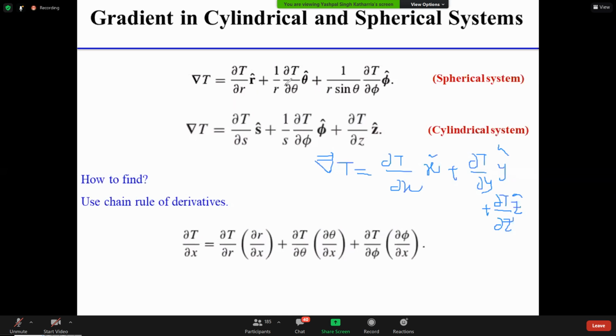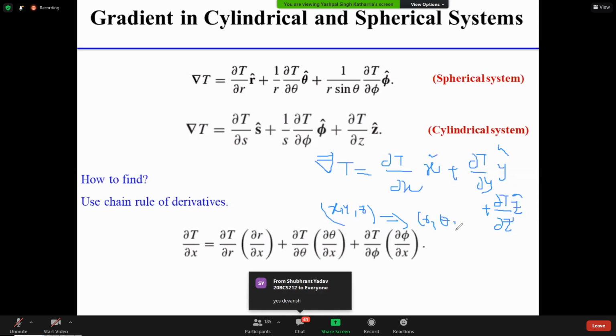I'm trying to explain it for the gradient. If you take it from the Cartesian system to a spherical system, then instead of x, y, z you have r, theta, and phi.